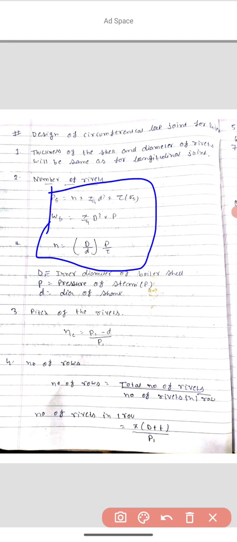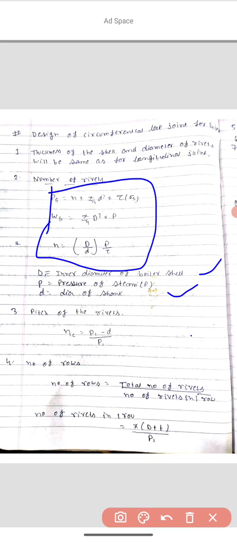Here the shearing load on the shell, Ws, is equal to pi by 4 D square into P. That is, P is the steam pressure, and D is the inner diameter of the boiler shell. Both will be the same.